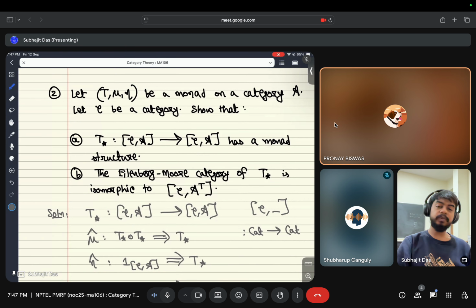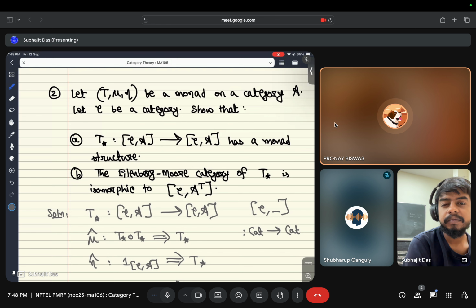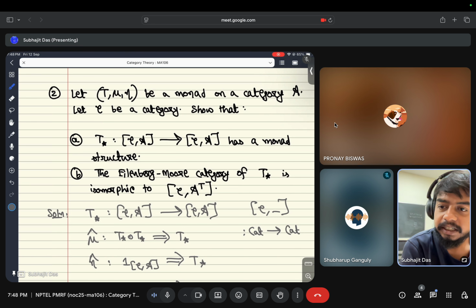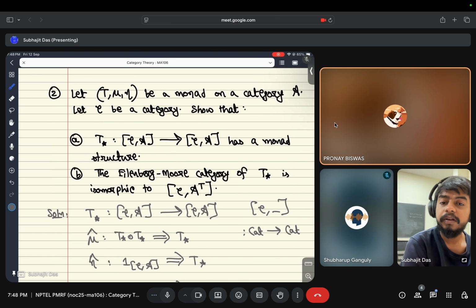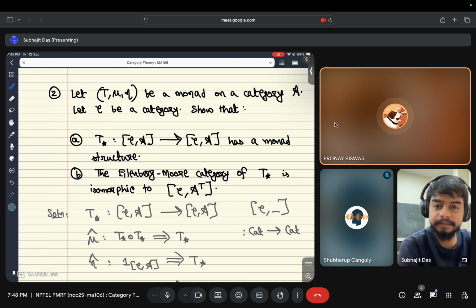What do we know about representable functors in general? What do we know in terms of limits, colimits, can we say something about a representable functor?